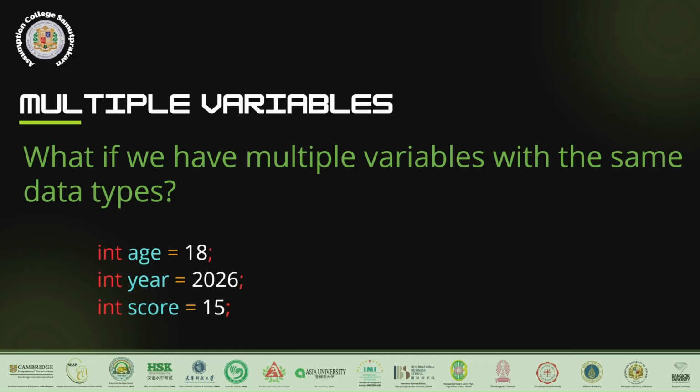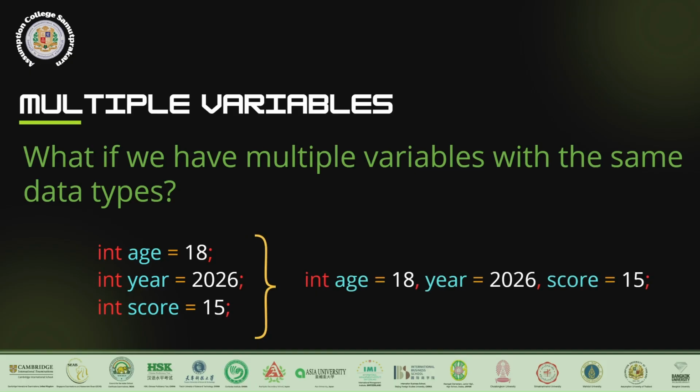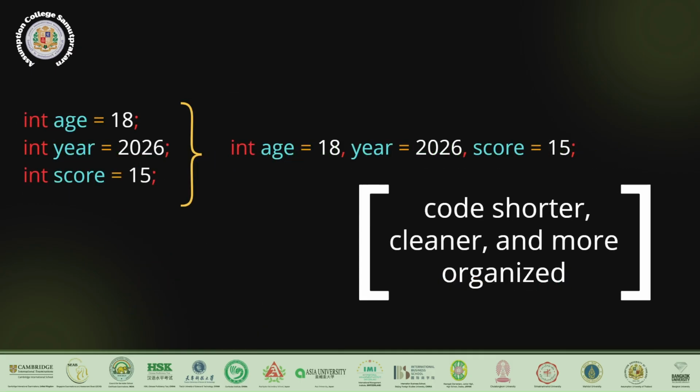For example, instead of writing int age equals 18, int year equals 2026, int score equals 15, we can write int age equals 18, year equals 2026, score equals 15. This approach makes the code shorter, cleaner, and more organized. It also helps programmers manage variables more efficiently, especially in larger programs with many data values.